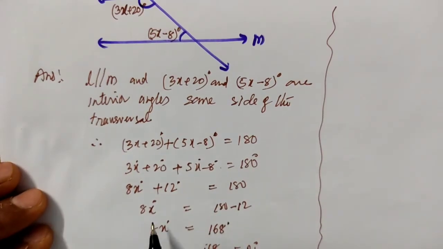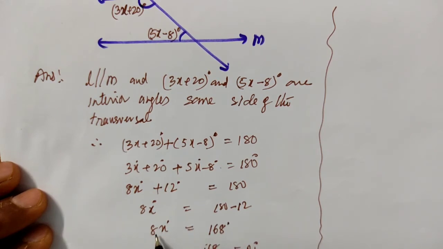So 8x is equal to 180 minus 12. If you transpose this 12 to the other side, it becomes minus 12, and 180 minus 12 is equal to 168. 8x is equal to 168, and transpose this 8 to this side.